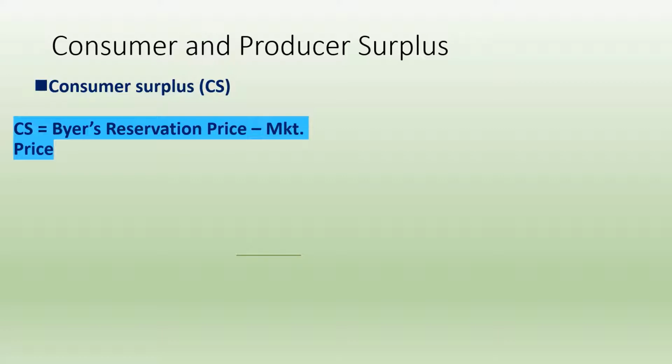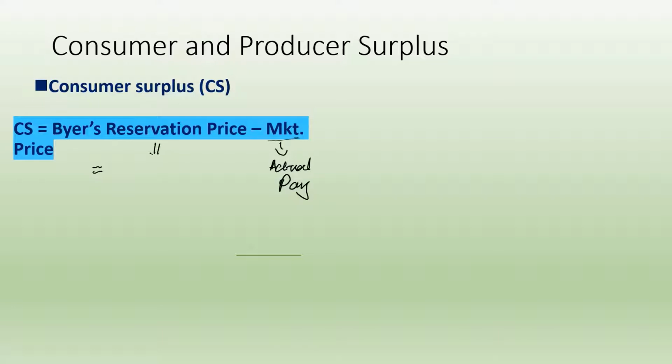What the consumer actually has to pay for that good is known as the market price, and it is determined by the equality of quantity demanded and quantity supplied in the market. So market price is the actual price which the consumer pays, right?